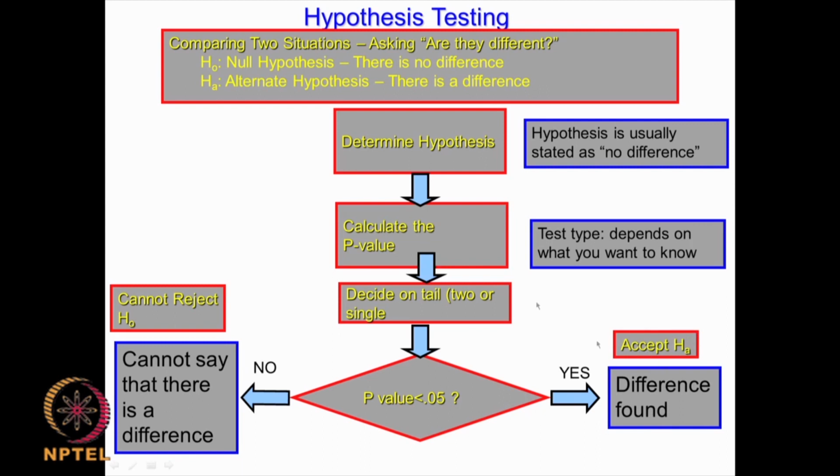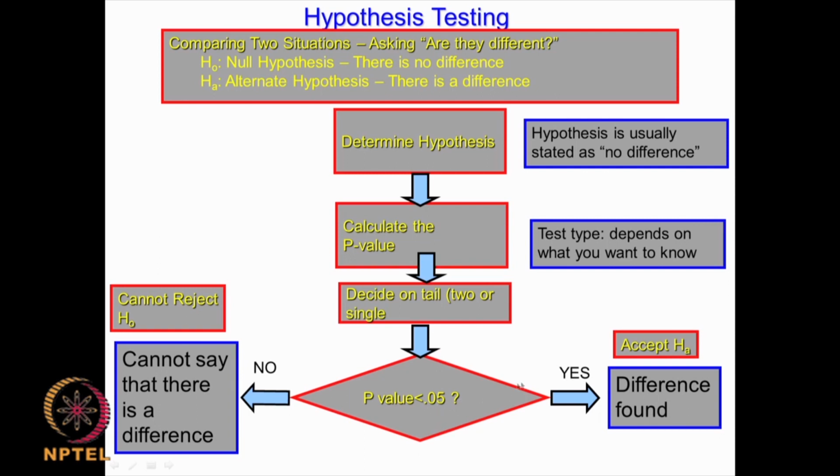and then only I will accept the alternate hypothesis. So, initially you start with the hypotheses H naught and HA, then you decide whether your p value should be 95 or 99, then you decide on a tail, single tail or double tail, then you calculate the p value, and then you compare whether the p value is less than 0.01 or 0.05.